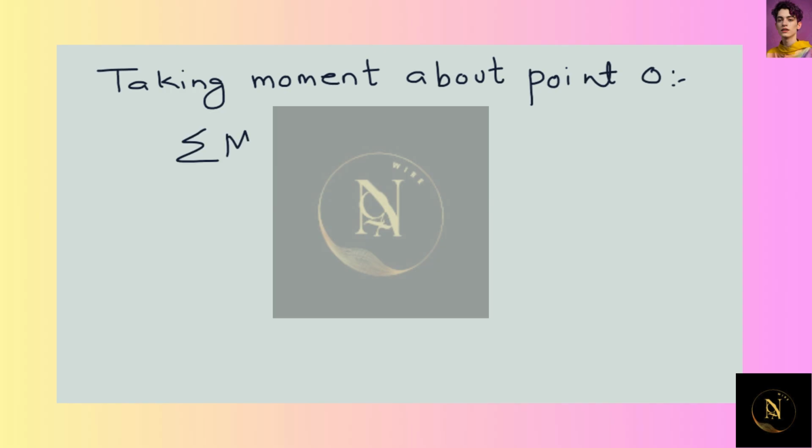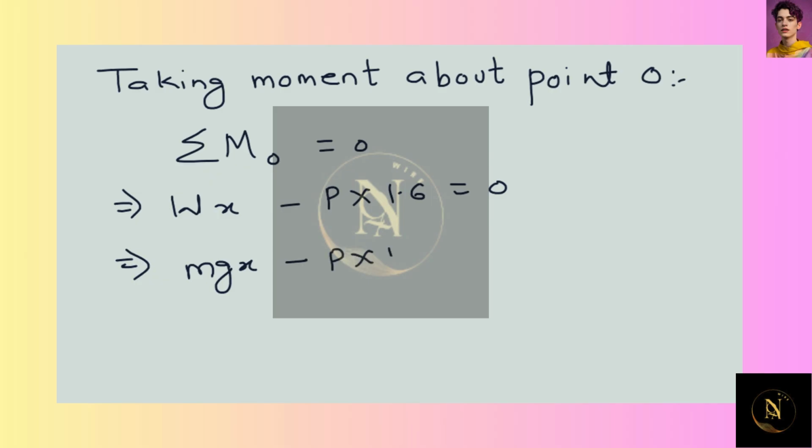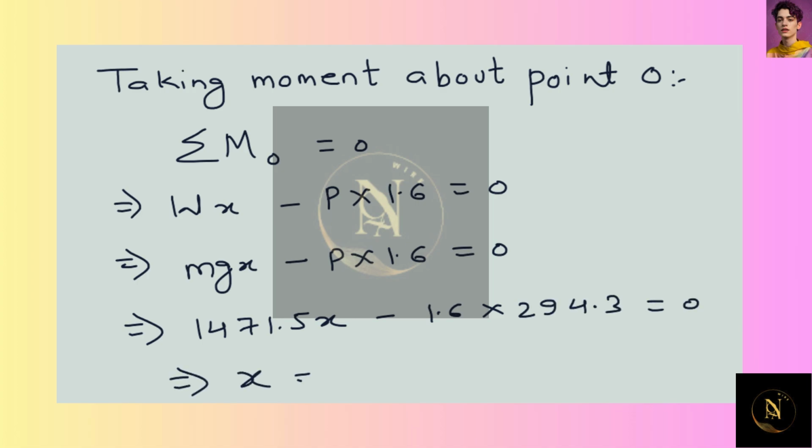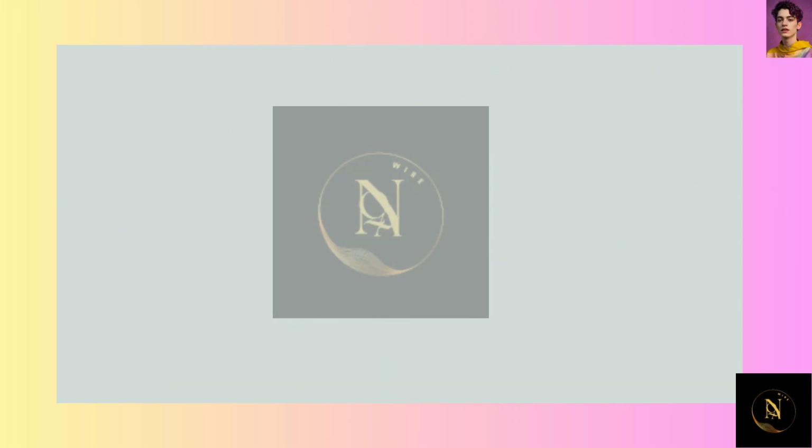Now going further, taking moment about point O, summation of Mo is equal to 0, or Wx minus P into 1.6 is equal to 0. So mgx minus P into 1.6 is equal to 0. On putting the value of m, g and P here, we calculate the value of x is equal to 0.32 meter.